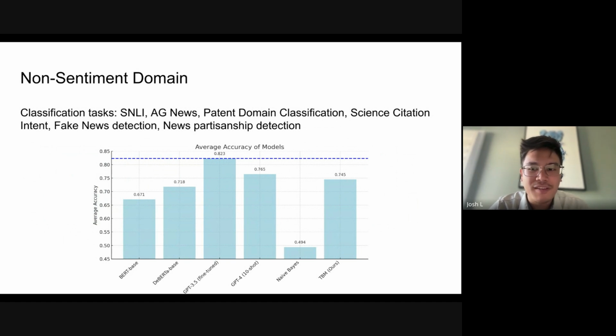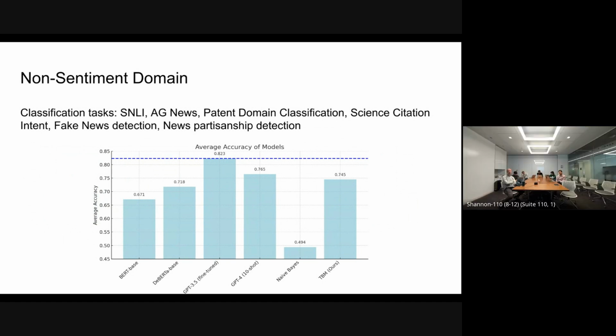But one way to look at this is that few-shot on GPT-4 is not necessarily as interpretable as the text bottleneck model. At the same time, we can already see that it's able to beat the performance of fine-tuning BERT and fine-tuning DeBERTa, while maintaining that level of interpretability.